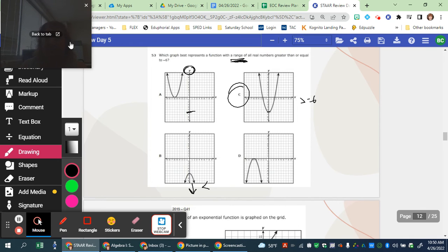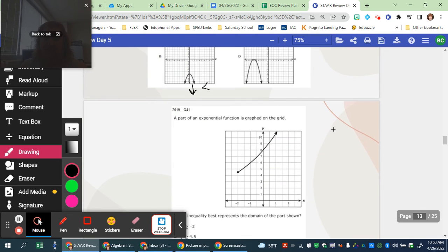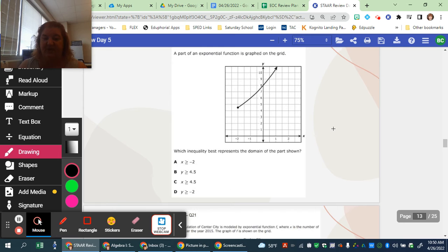Okay. Let's go on down. Exponential function. Which inequality best represents it? The domain. Domain is here to here. So if we go right here, we've got -2, but then it goes on and on forever. So it's numbers greater than. And remember, the minute we see domain, we know it's not a y value. Domain goes with x.